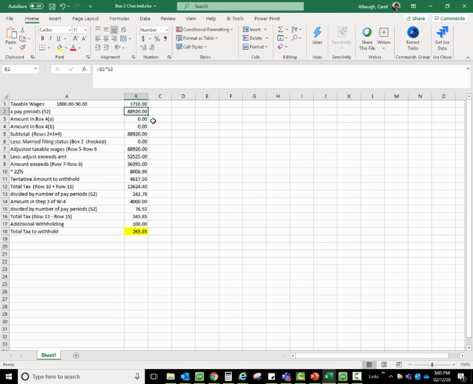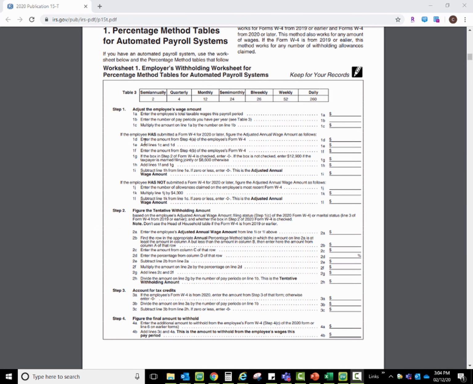This employee has 0 in box 4A, 0 in box 4B, leaving a subtotal of $88,920. The married filing status, the box 2 is checked, so they do not receive the credit. Let's take a look at this worksheet once again.